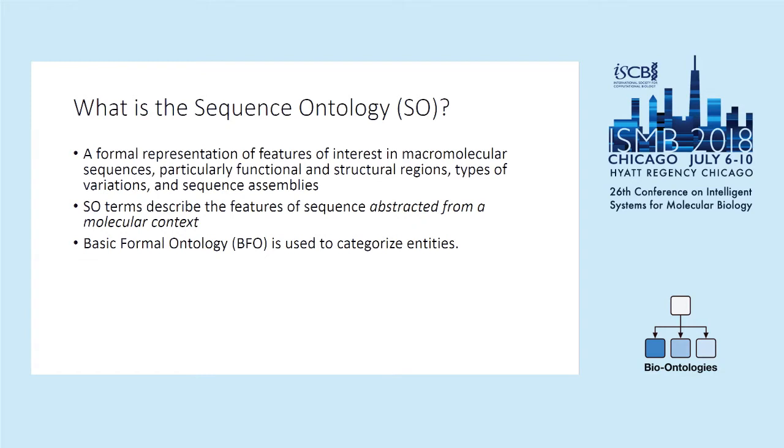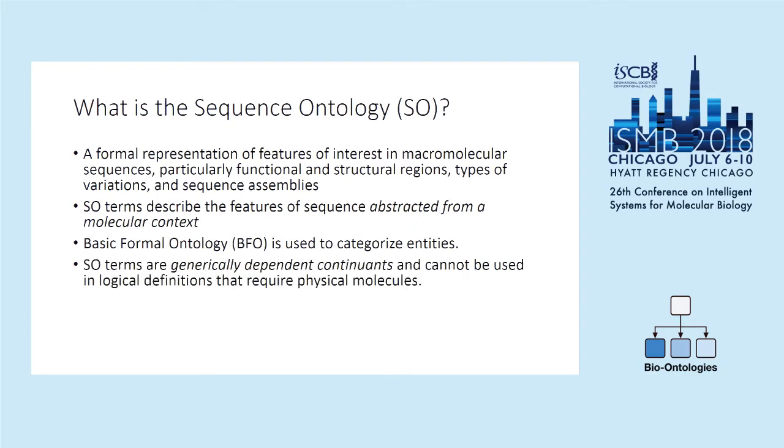So the sequence ontology terms, as information entities, are what BFO calls generically dependent continuants. These are information entities like the text of a book or the sequence of a gene. They can exist as multiple copies in multiple bearers.